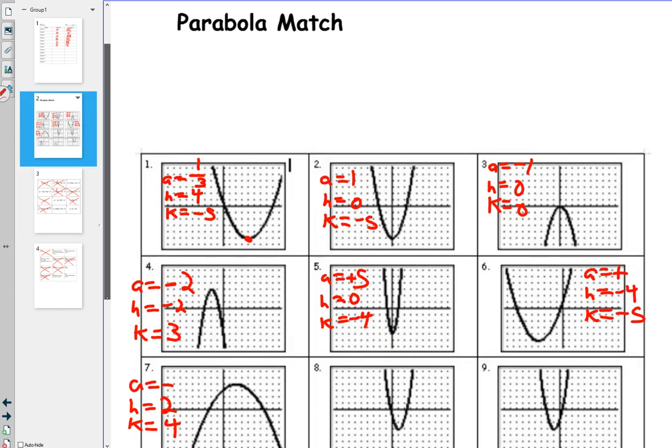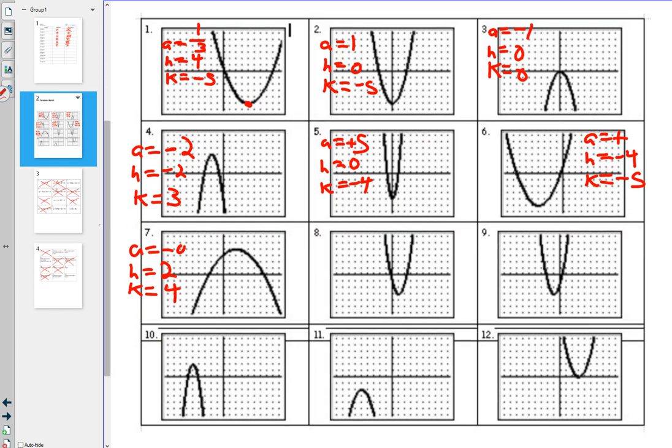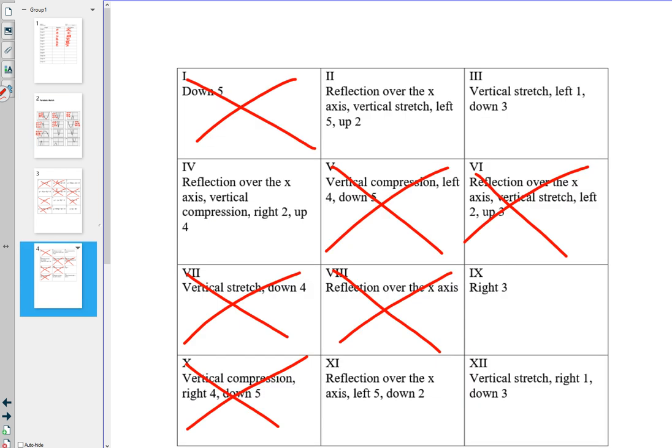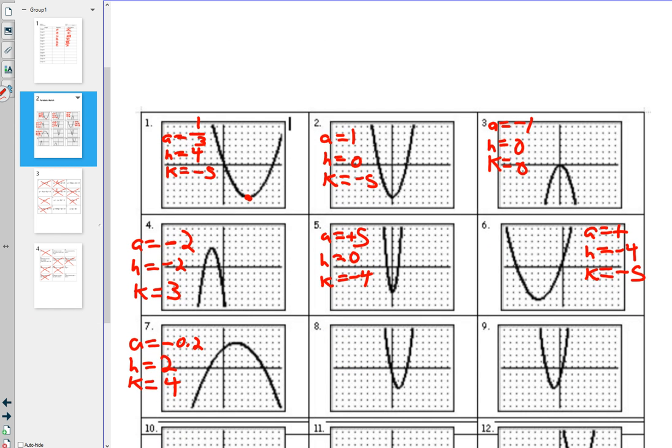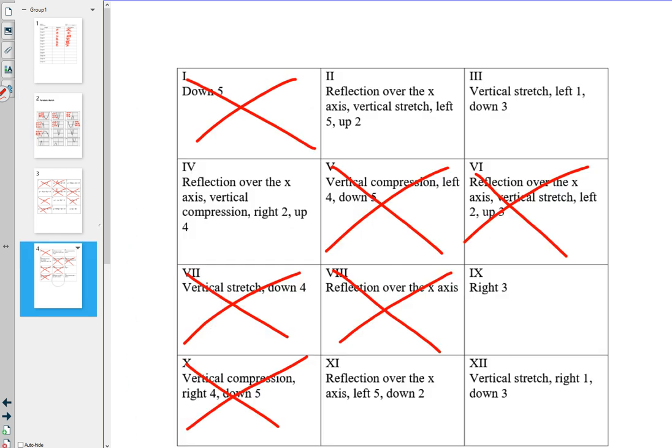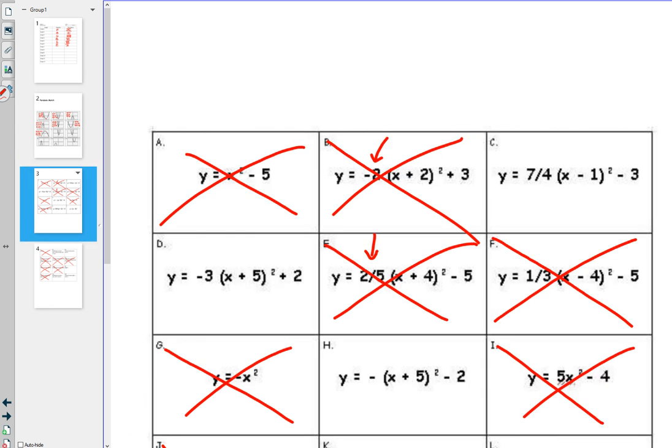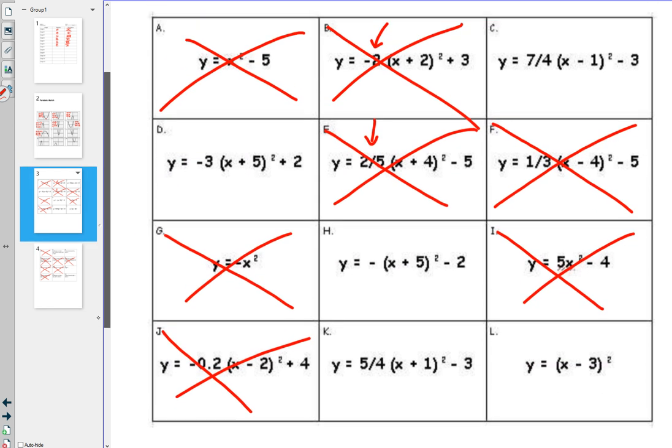This one looks like it was negative 0.2. And which one has that? Nakai says 4. To the right 2 and up 4. J4.